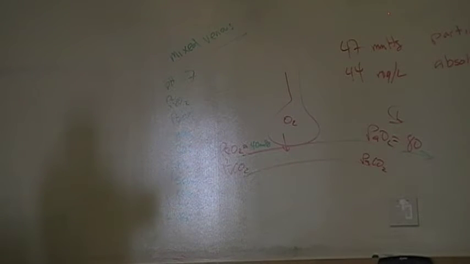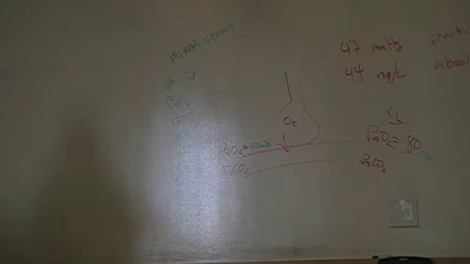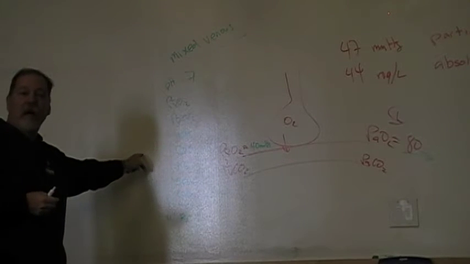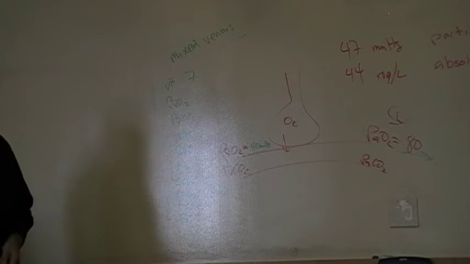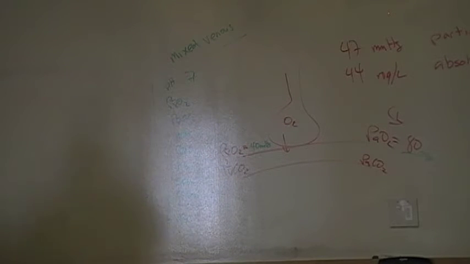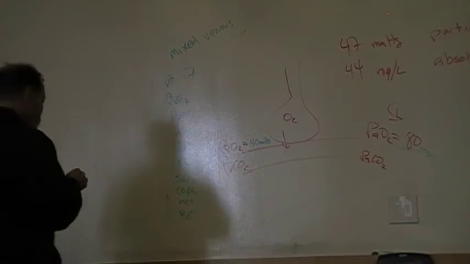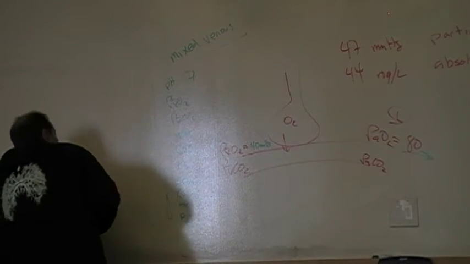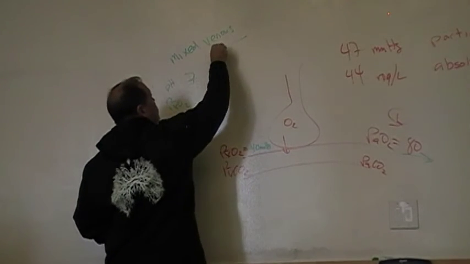But the point is that if we can draw it from the radial artery, what's gone out from the left side of the heart, what is being delivered to the tissues, and if we can compare that to what comes back, how powerful is that to know what the tissues extracted? So on an arterial blood gas, let me just give you an example.